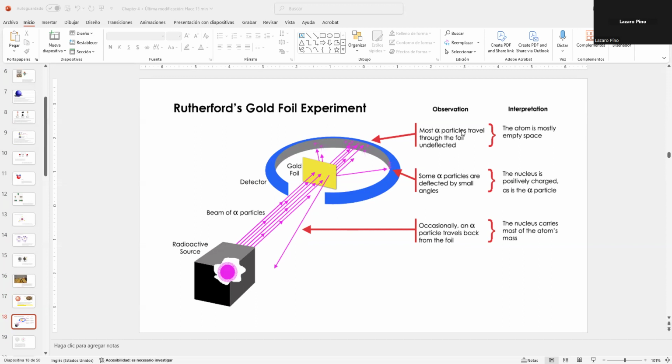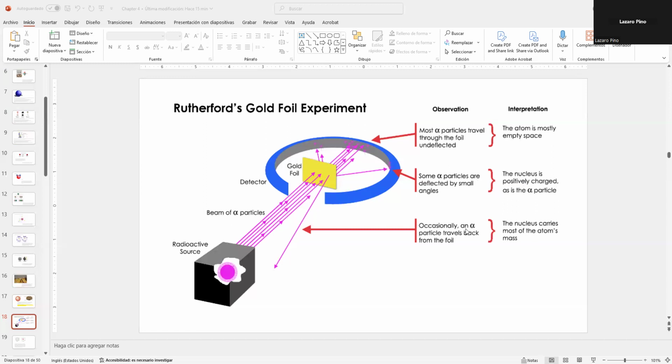Then, according to this, as most of the alpha particles travel through the foil, he said that the atom is mostly empty space. As some particles are deflected, he said that the nucleus is positively charged like the alpha particles.